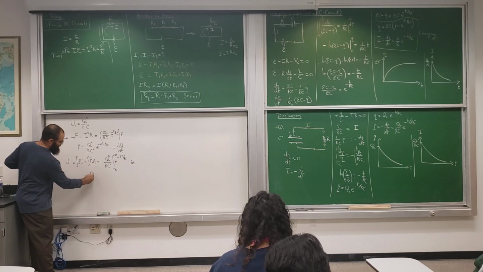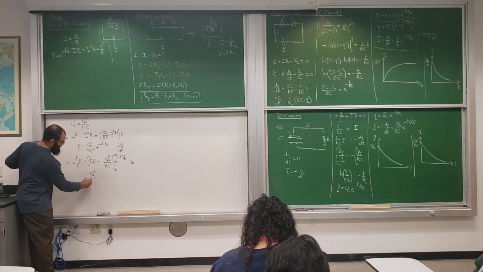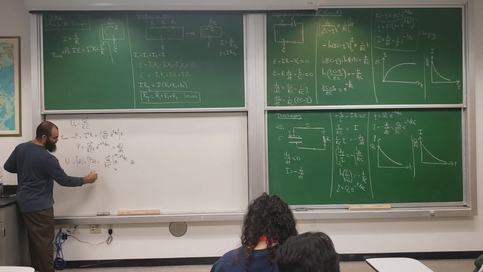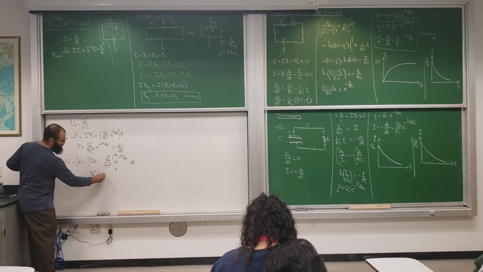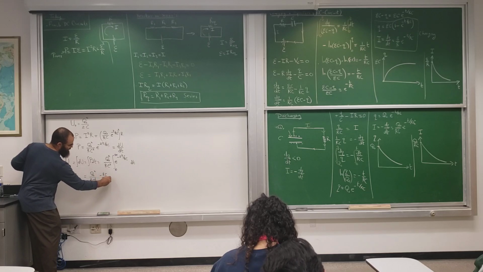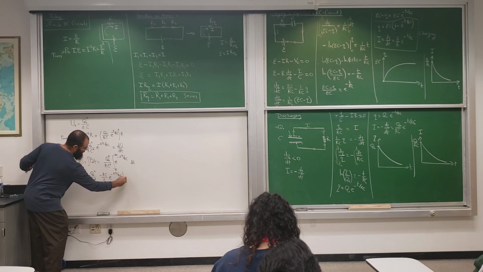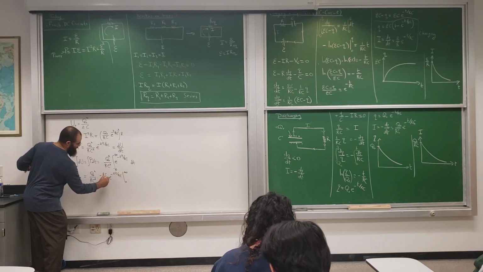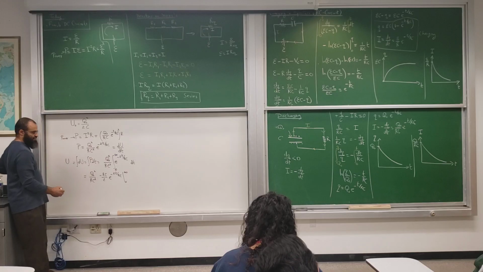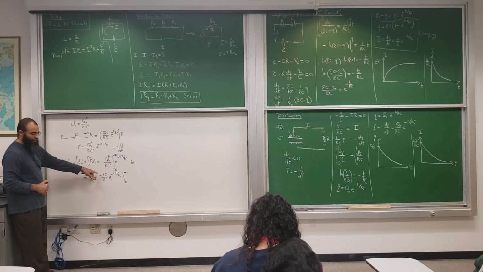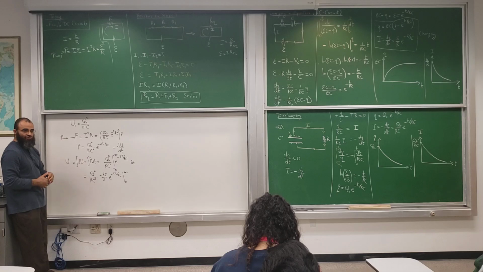You get Q naught squared over R C squared times this derivative there. You get minus RC over 2, and then e to the minus 2t over RC, between 0 and infinity. Clear? The chain rule, you need to account for it. That's why I have the minus RC over 2.